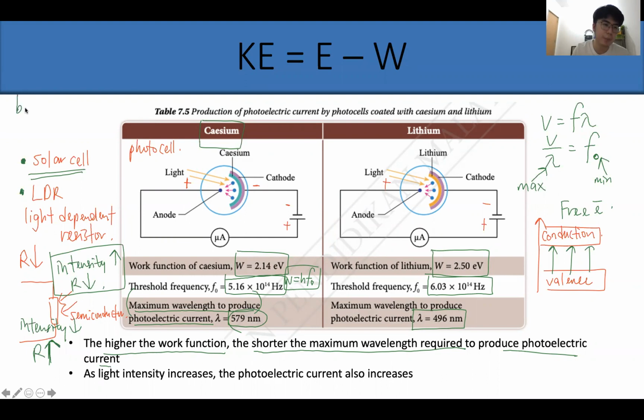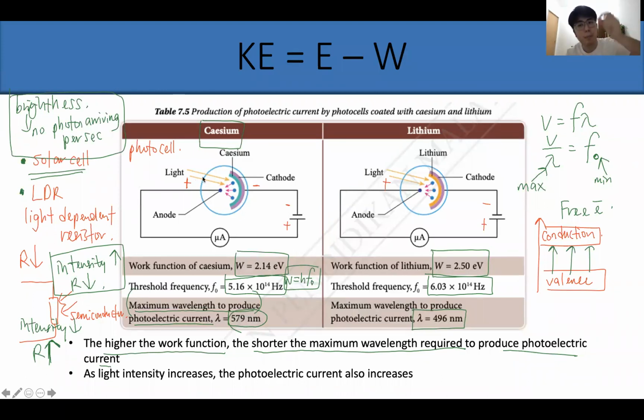If you increase the brightness, you're actually increasing the number of photons arriving per second. Please take note of this: intensity or brightness means number of photons arriving per second. So if you increase brightness, it means more photons coming in one second.